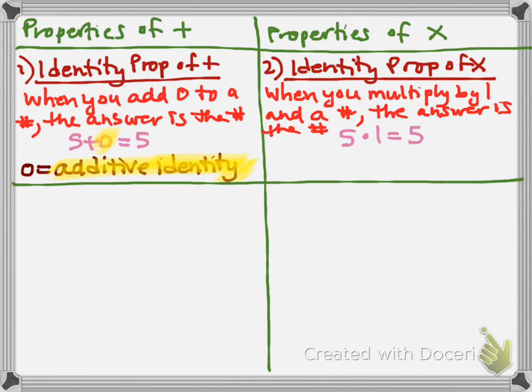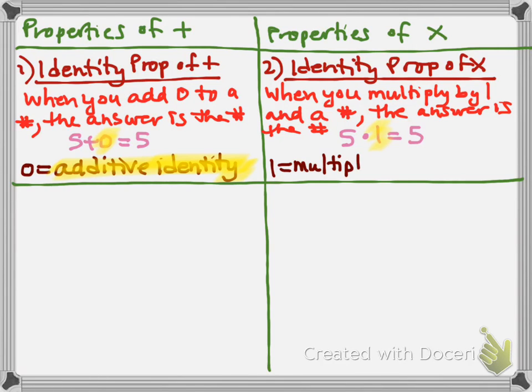And we're going to highlight 1, and then we've got a name for him. So if 0 is the additive identity in the identity property of addition, what do you think 1's called? It's like blah, blah, blah. It's the most number of syllables in mathematics.